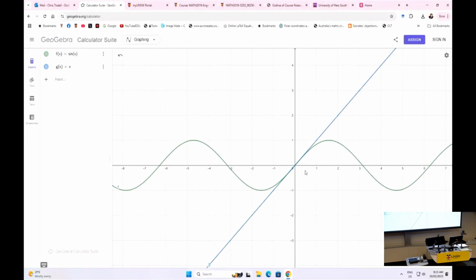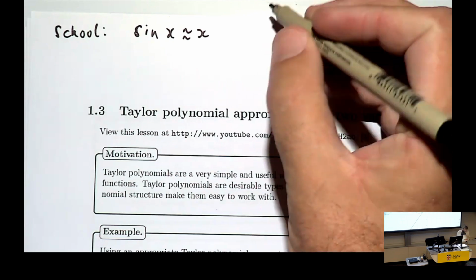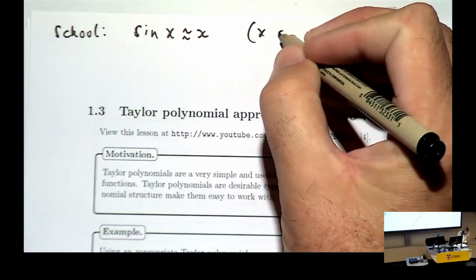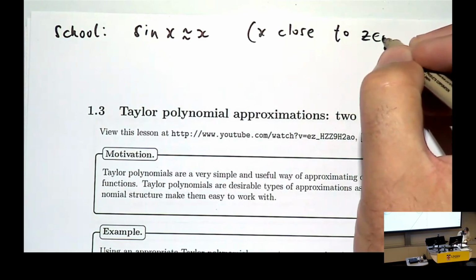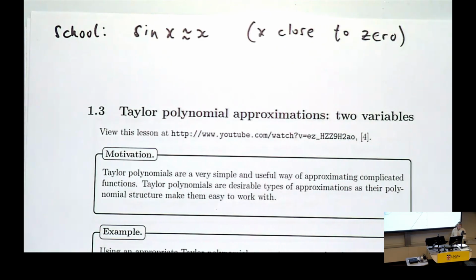This happens all the time, right? Nonlinear stuff is complicated, linear stuff is much easier to digest. Okay? So going back to our school stuff, this is what we can say.